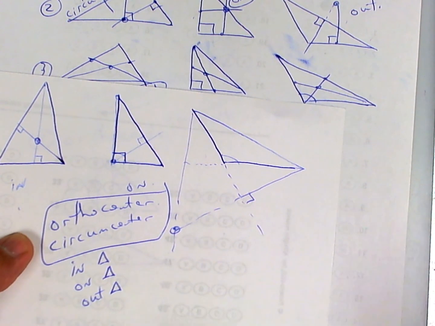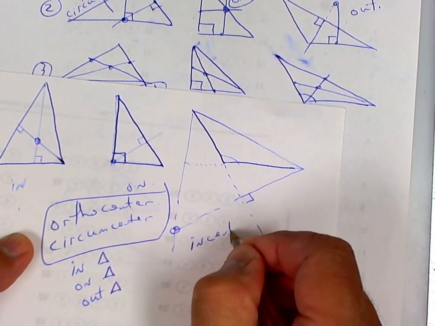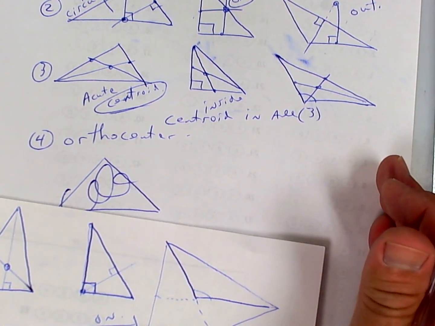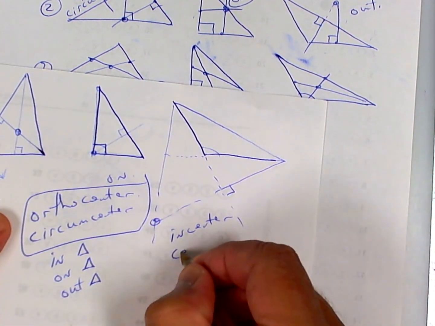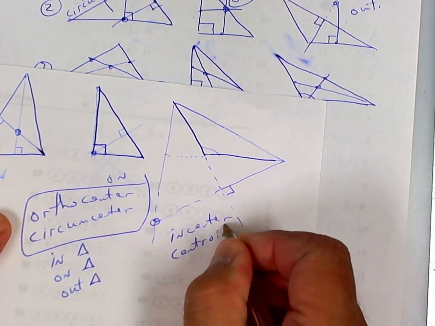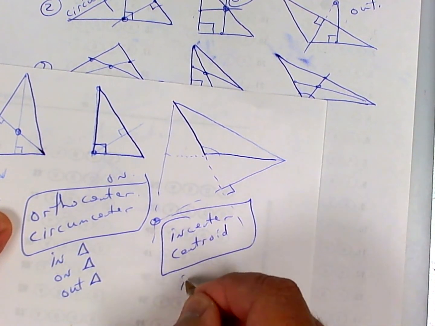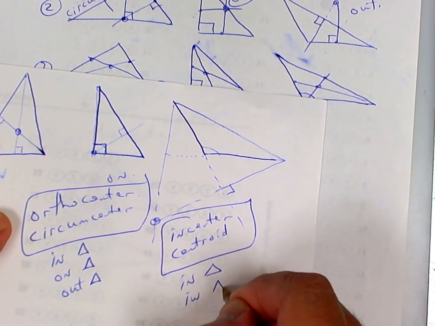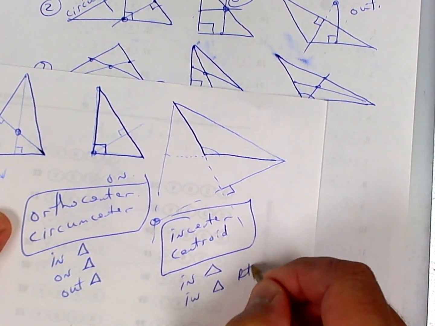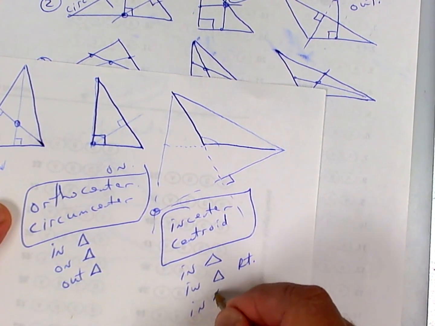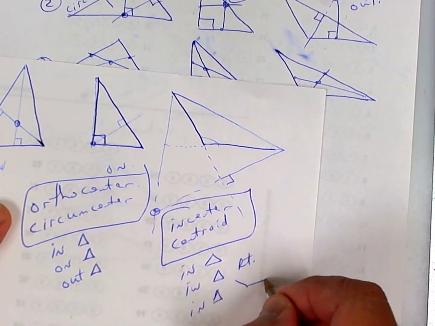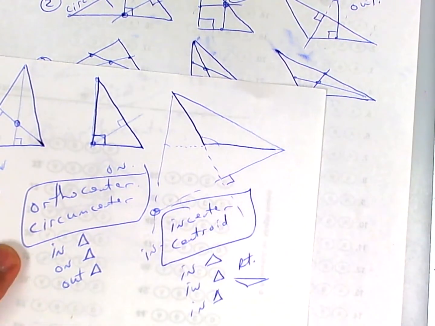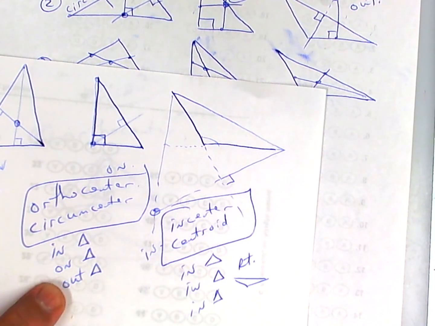The other two, the incenter and, what's the other one, the centroid, will be in the triangle for the acute, in the triangle for the right triangle, and in the triangle for the obtuse triangle. So these two are in, and these two are in, on, and out.